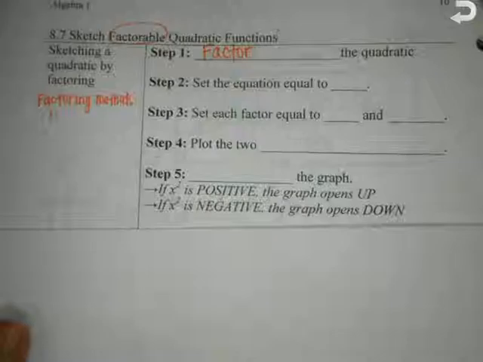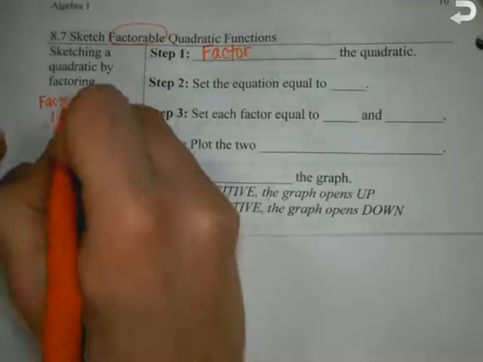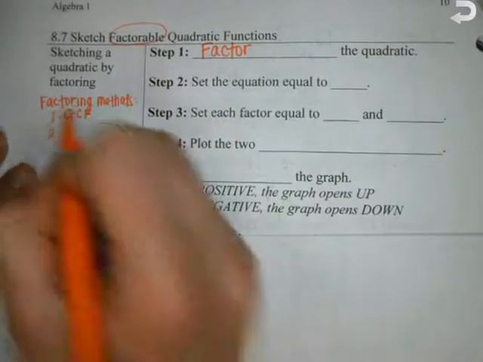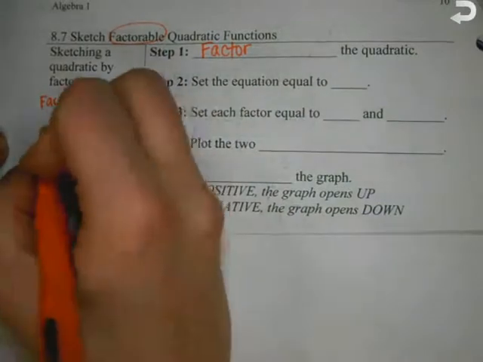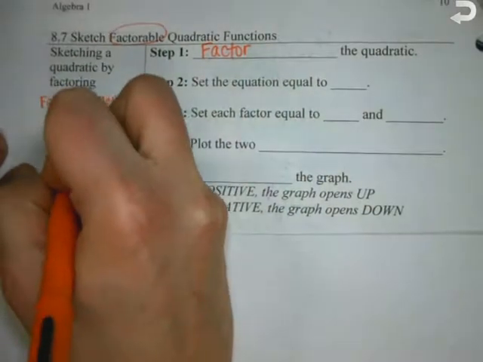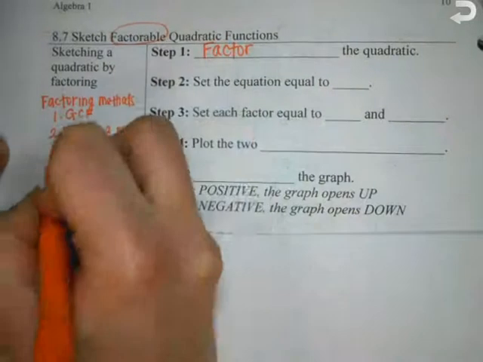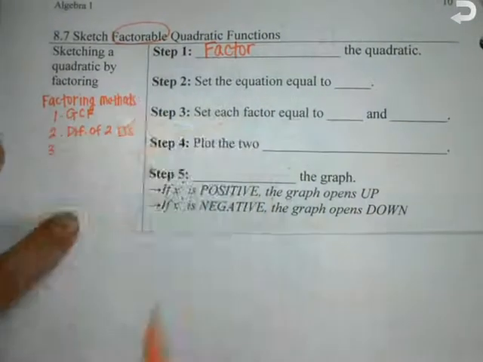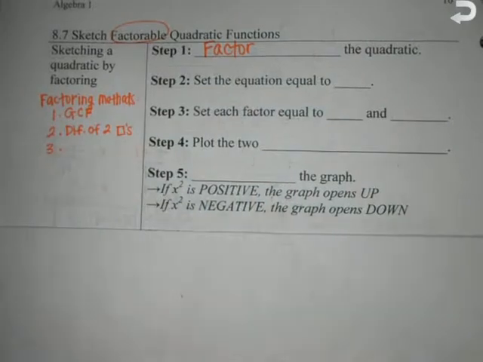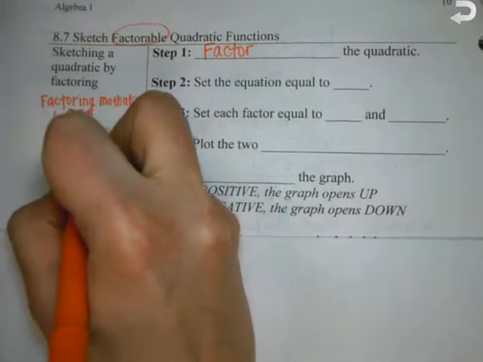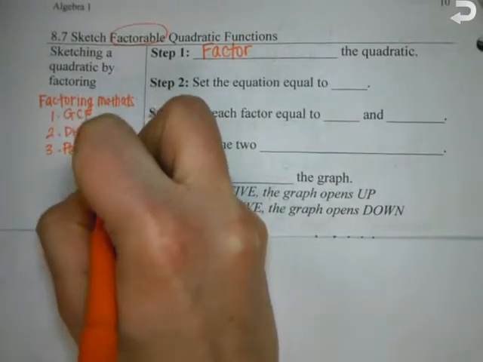Okay, first factoring method is GCF. Second factoring method was difference of two squares. So, after difference of two squares, we had a special case, our perfect square trinomial.